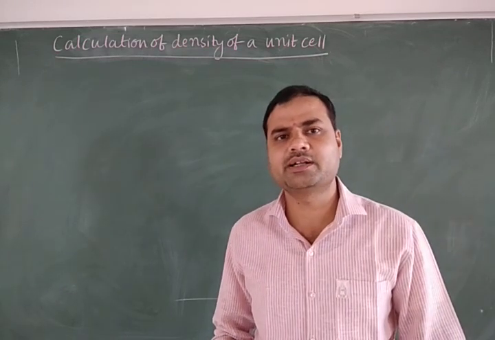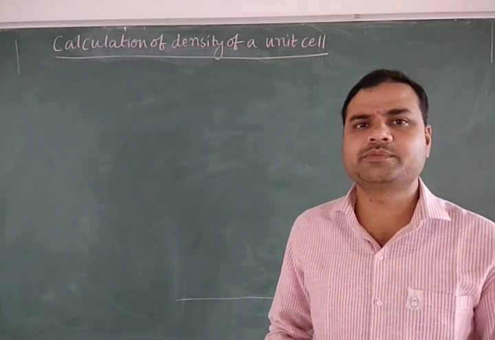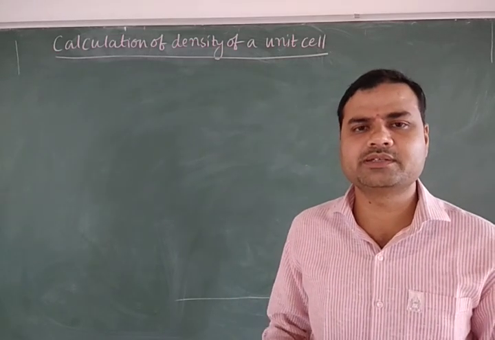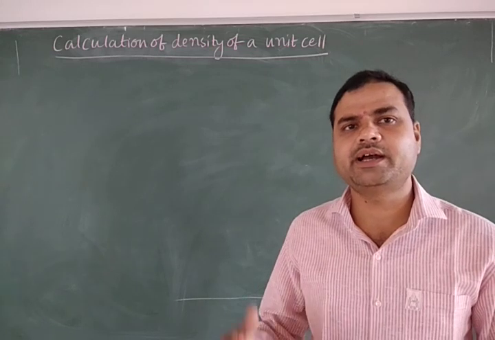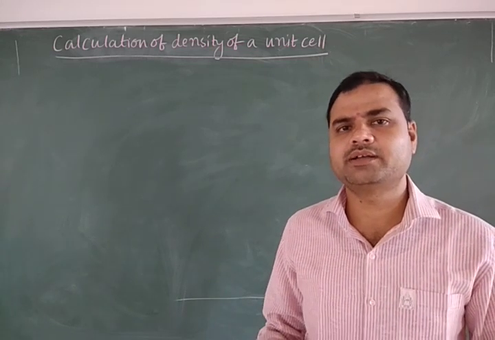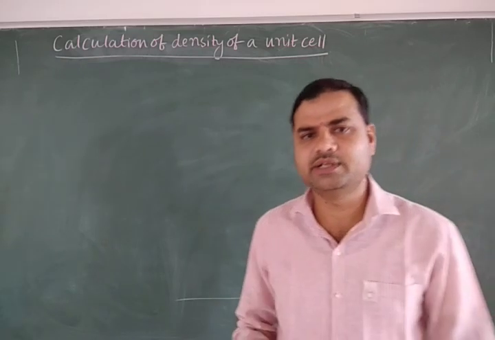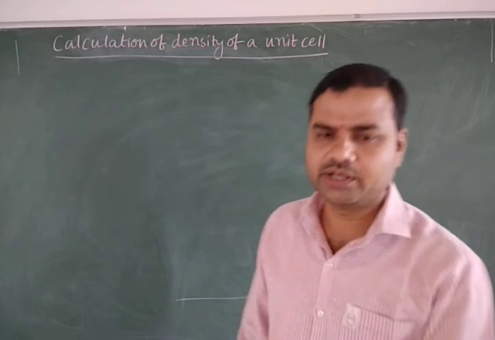Therefore, the total number of atoms is how many? 2. In face centered, the total number of atoms is 4. Therefore, the number of atoms is different in different kinds of unit cells. So we use one formula that you can apply for any kind of unit cell. And what is that formula and how can you derive it?